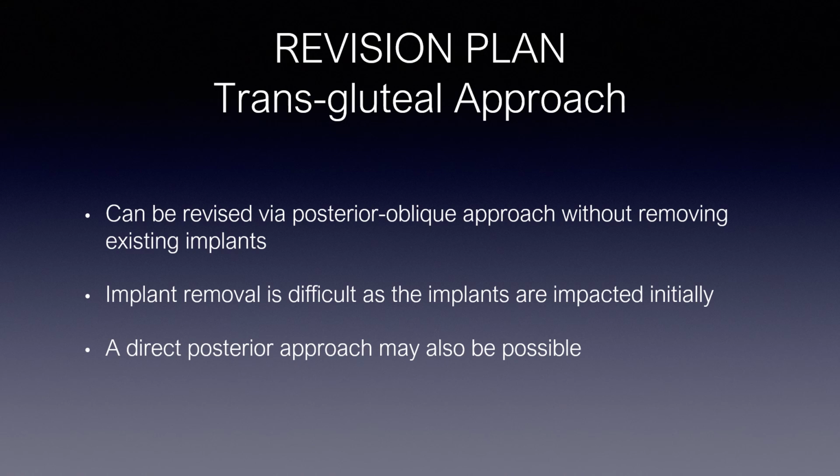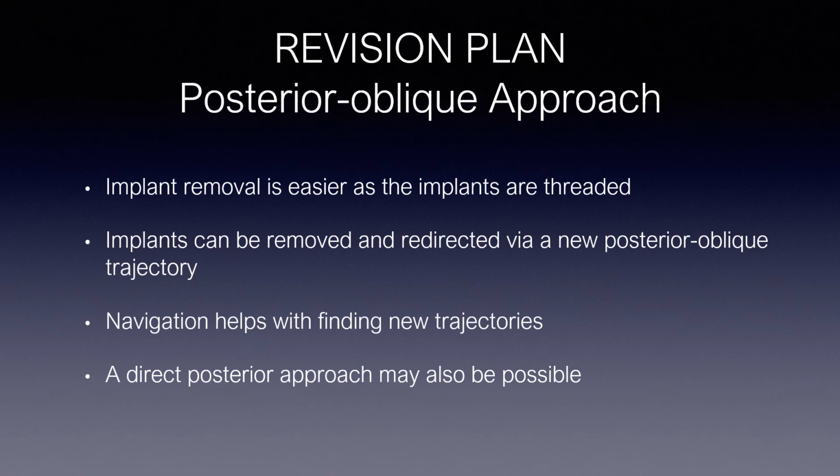Implant removal with the transgluteal approach is difficult as the implants are impacted initially. And in some cases, a direct posterior approach may also be possible without removing the implant.